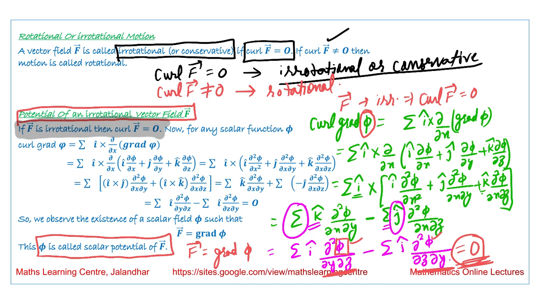We have shown that curl of gradient of phi is equal to 0. So corresponding to each f vector which is irrotational, we can find a phi, which is called the scalar potential of the f vector.